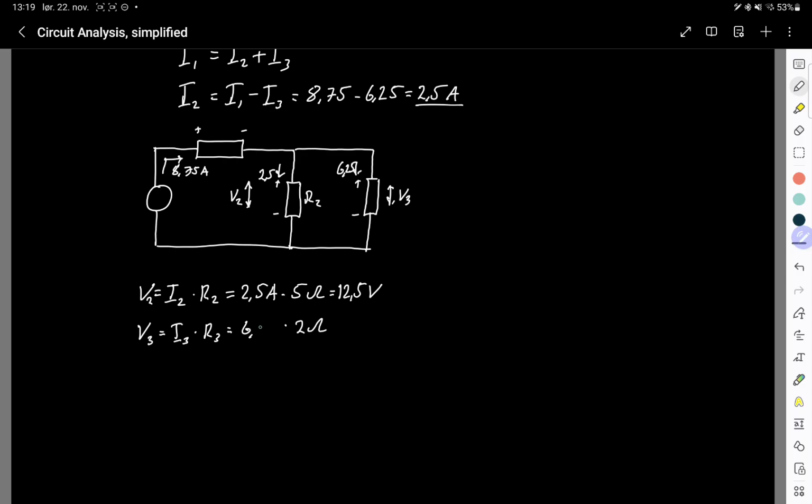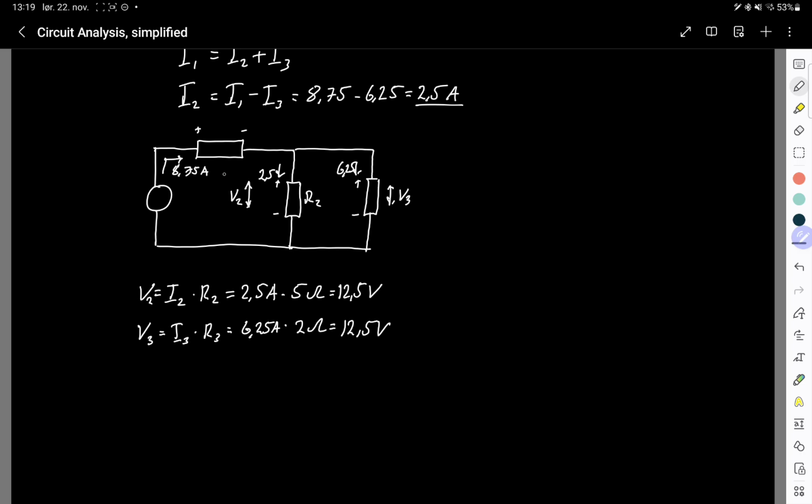Sorry, it was 6.25. And what do you know? 12.5 volts. They're the same because the voltage is the same in the parallel. That's what we know. When you've got a parallel connection, the voltage stays the same. In a series, it will not be the same, obviously.